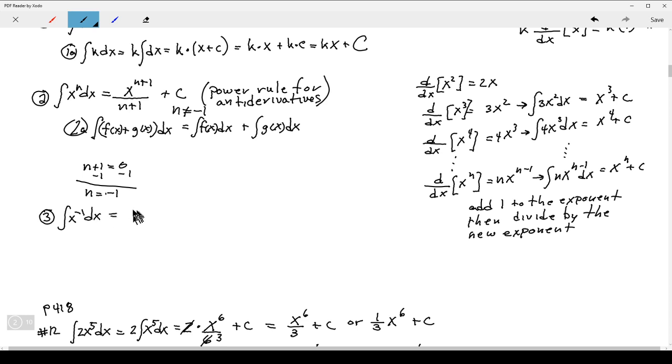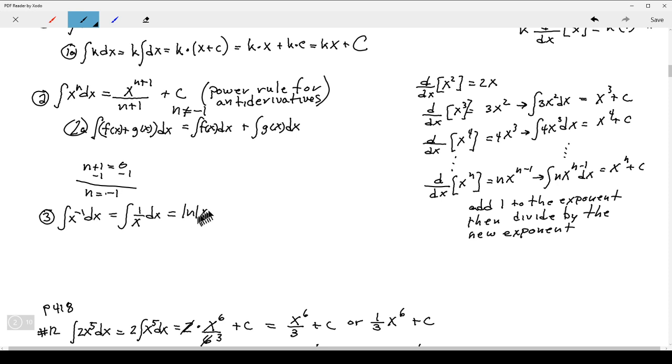Let's look at that for a second. That is 1 over x. And what is 1 over x the derivative of? That was one of the last things we did before we got into this section. 1 over x is the derivative of the log function. So this is ln of x.